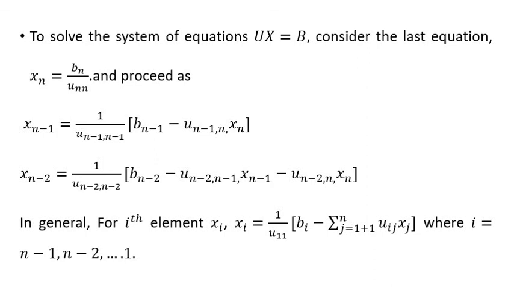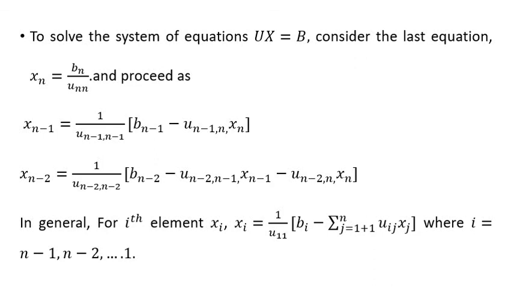So to solve the system of equations of the form Ux equal to b dash, we need to apply the back substitution. To get the value of variable xn, we consider xn equal to bn by unn, and similarly proceed with the other values.